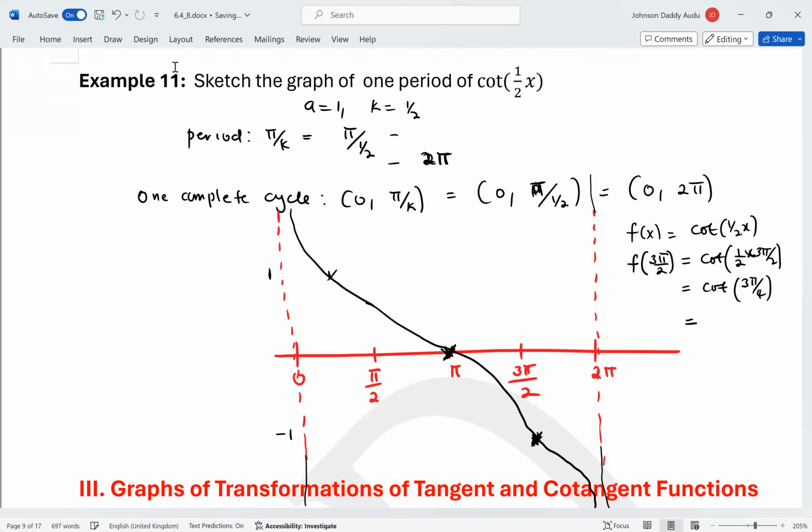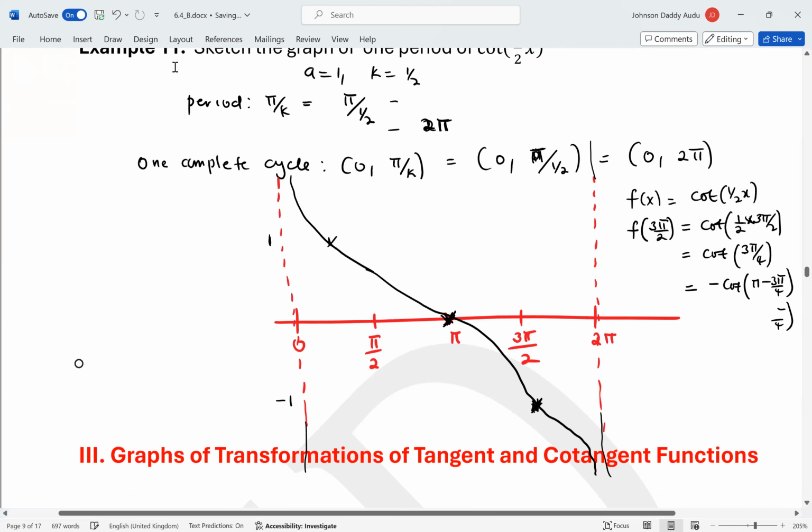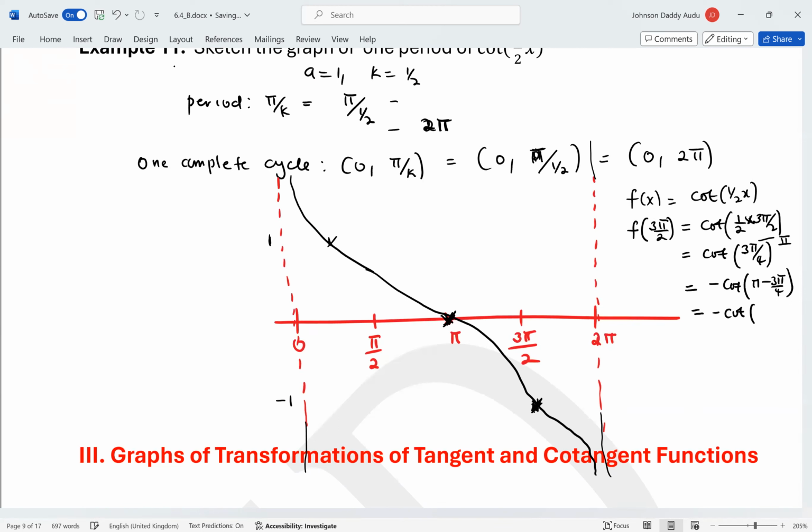And what is cotan 3 pi over 4? This is the same thing as minus cotan of pi minus 3 pi over 4, because 3 pi over 4 is in the second quadrant, and cotan in the second quadrant is negative. We can use the reference angle. So this is minus cotan of pi over 4, which is just minus 1.